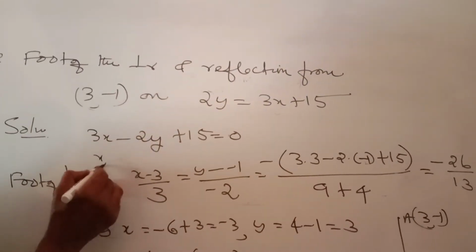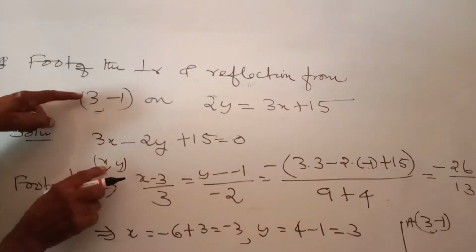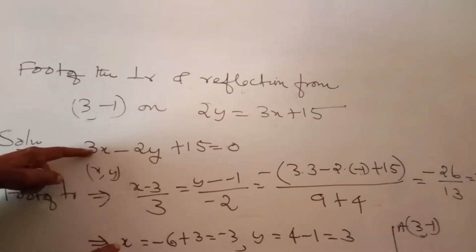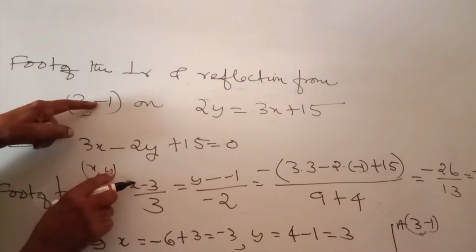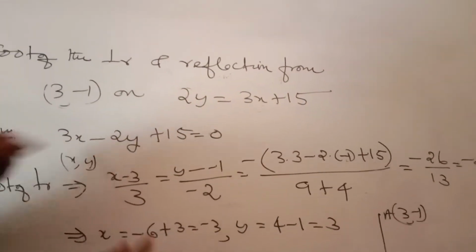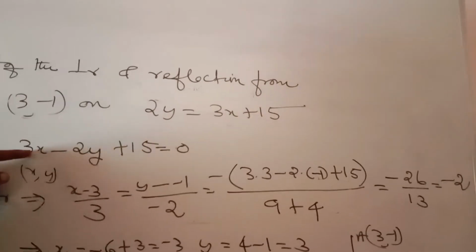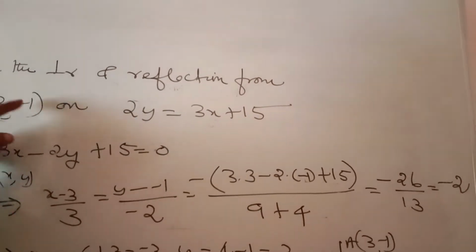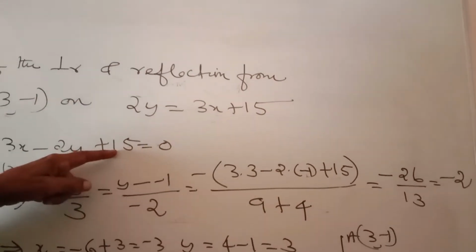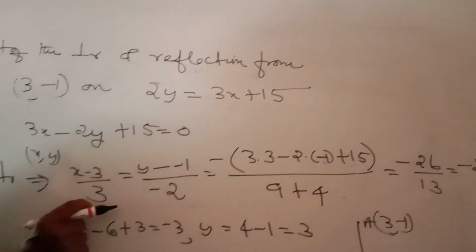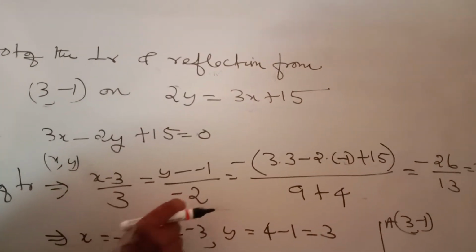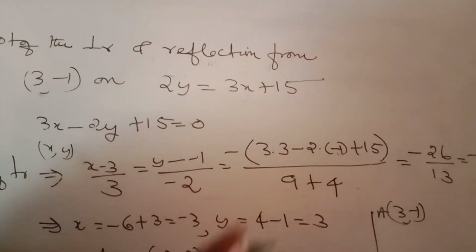(x - 3)/3 = (y + 1)/(-2) = -(3(3) - 2(-1) + 15)/(3² + (-2)²). You have to substitute the points: 3 into 3, minus 2 into minus 1, plus 15, the whole divided by 3 square plus minus 2 square, so 9 plus 4.